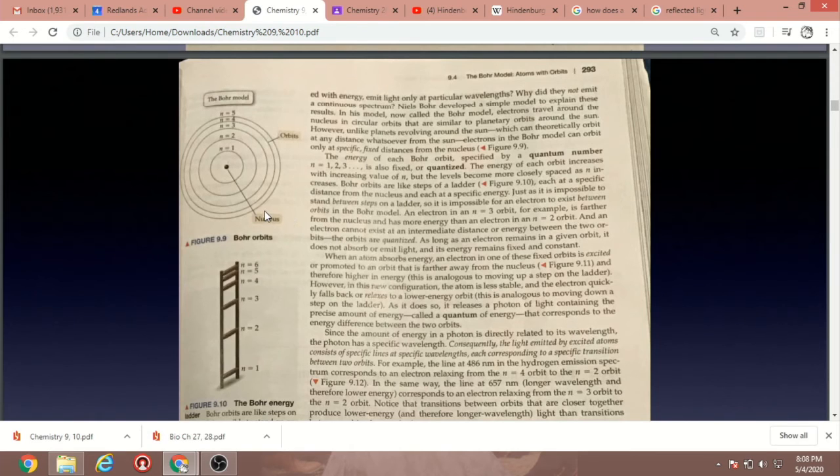Here we have an atom of, I guess it's hydrogen here. Well, it doesn't matter. We have a nucleus where all the protons are. We're not concerned with the protons right now, but there it is. And then we have these orbits where electrons orbit, kind of like planets around the sun. We pretend the nucleus is the sun, and the electrons are orbiting around the nucleus like planets orbit around the sun. But these are very quantized.